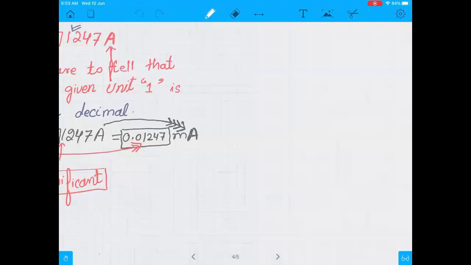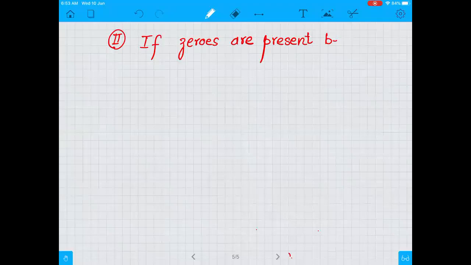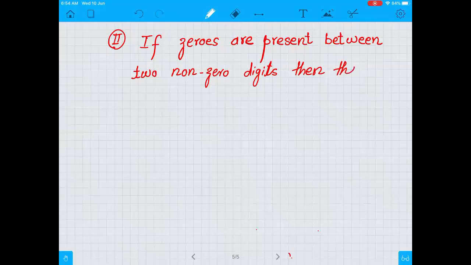Now zeros which are after a non-zero digit. Second rule: if zeros are present between two non-zero digits, then they are significant.